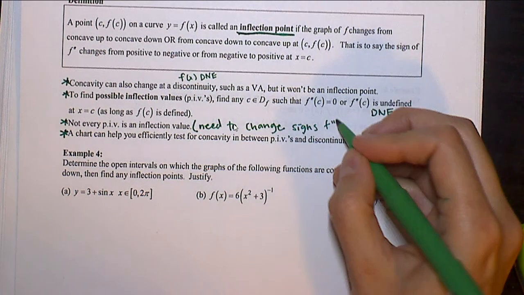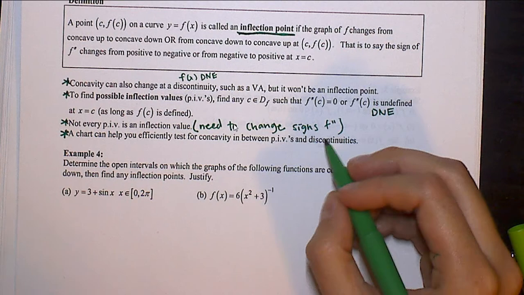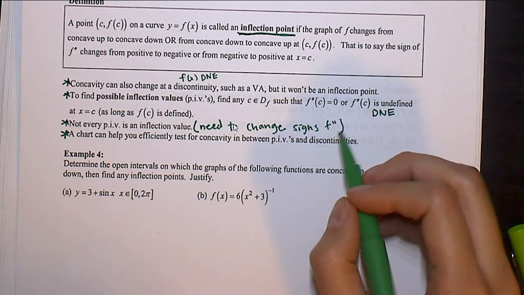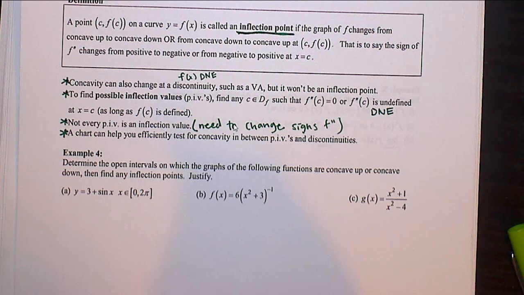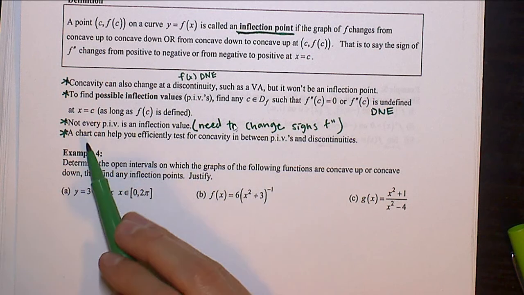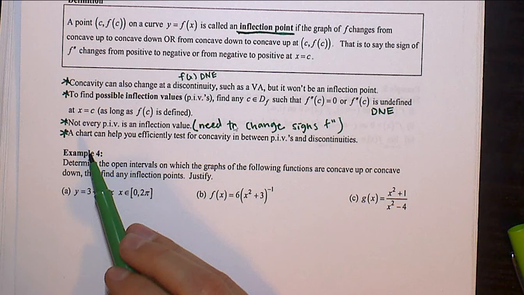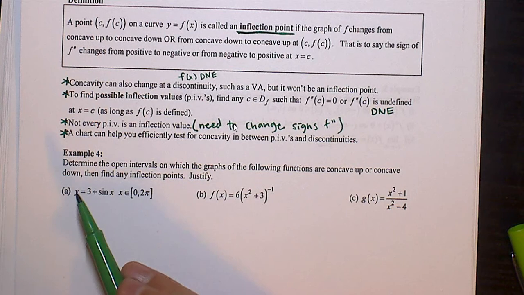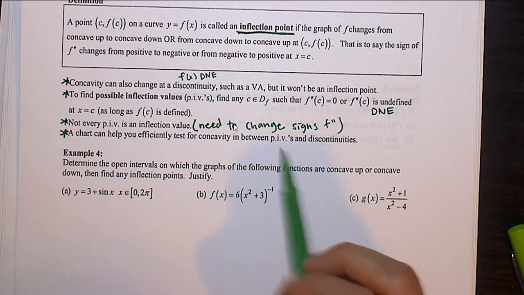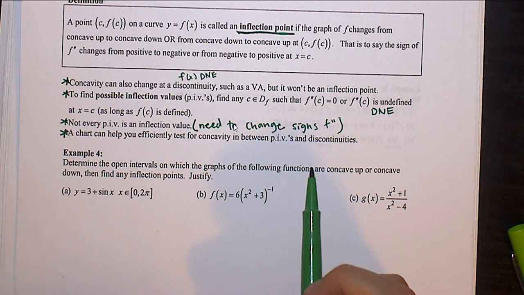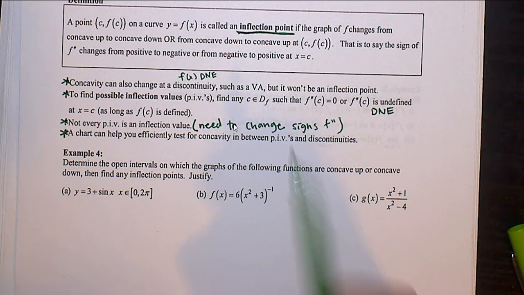So f double prime has to change signs either from positive to negative or negative to positive for it to be an inflection value. Okay. And then this just says, a chart can help you efficiently test for concavity in between possible inflection values and discontinuity. So we're going to be making those lovely charts again.